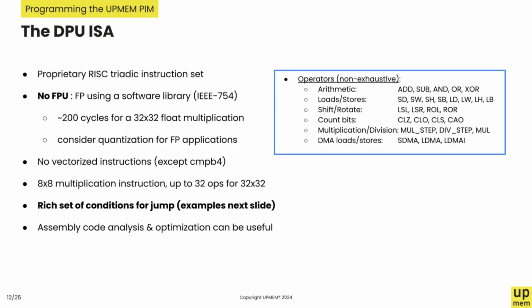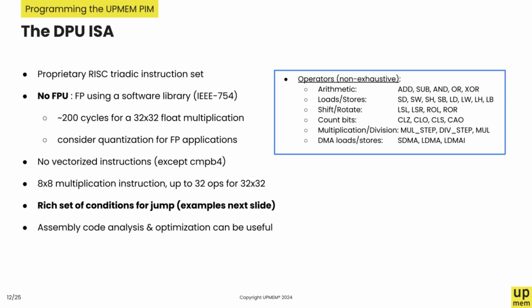It's an instruction like any other. So if you're used to x86 HPC code where you're trying to never branch, this is not a concern on the DPUs, and that's what makes it good for applications like decision trees, where you're always branching.